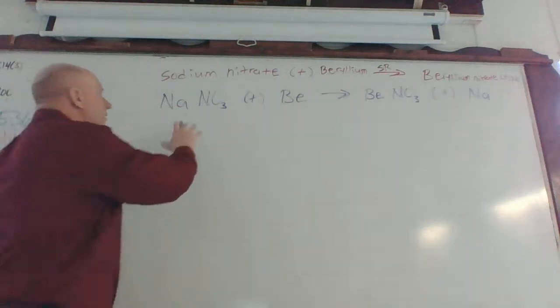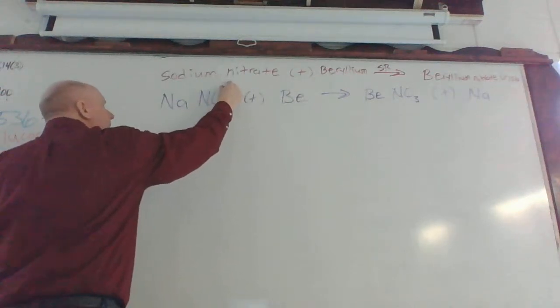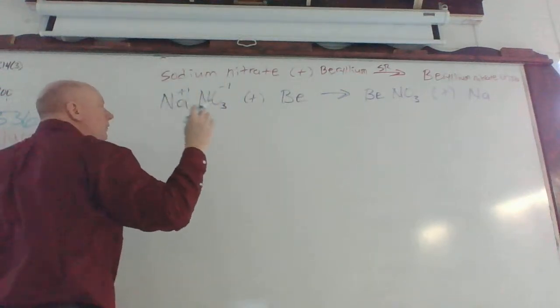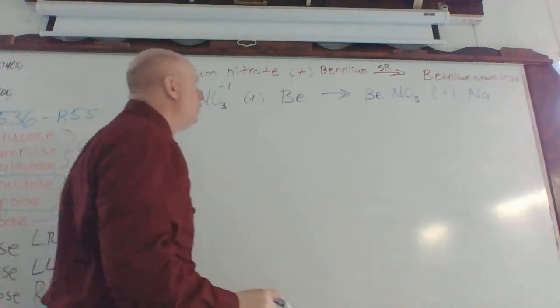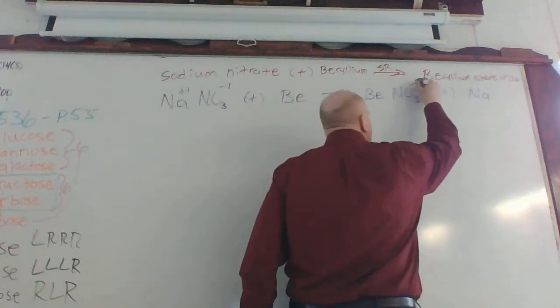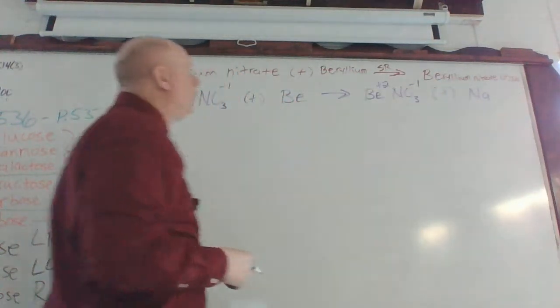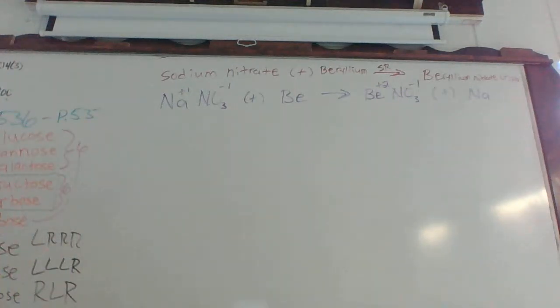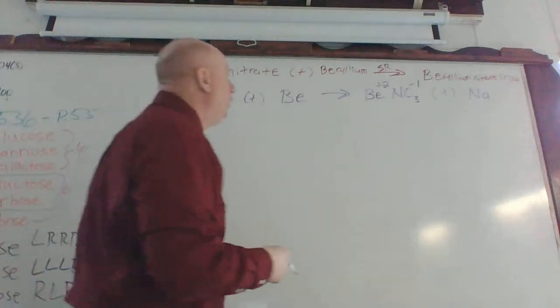So, as we do this, go by your negative ions. This is -1, +1. Beryllium being in column 2, we know would form a +2 charge. These do not change. That's -1. That's being in column 2. So that does not add up to 0. So the least common multiple between 1 and 2 is 2.